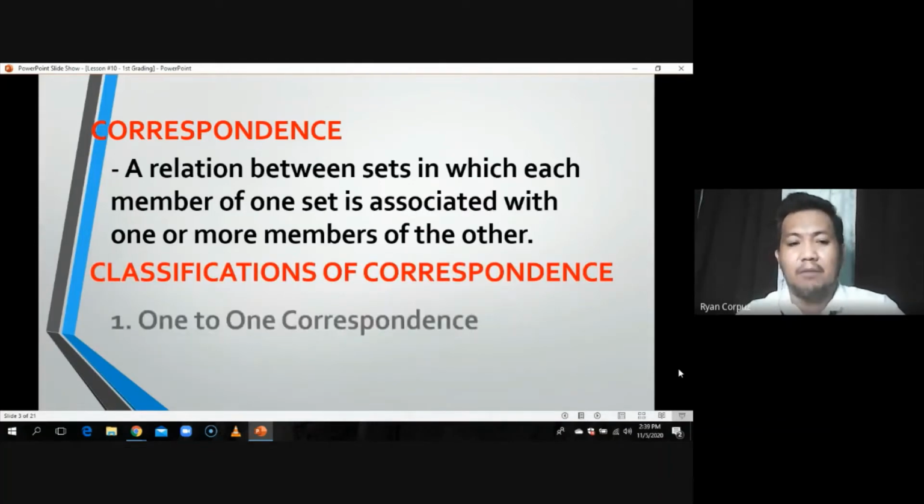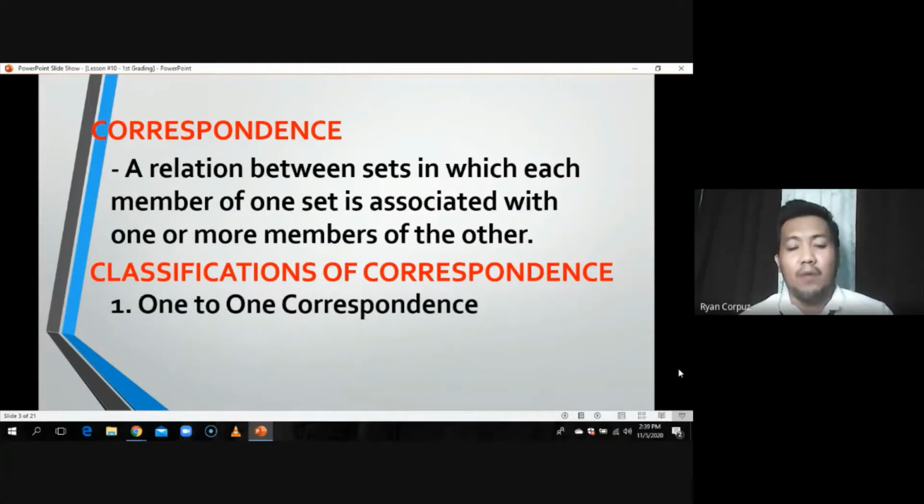Number one, we have the one-to-one correspondence. When we say one-to-one correspondence, it means that a unique element in the domain is paired to a unique element in the range. Kumbaga, meron kang element in the domain na isang kapartner lang sa element in the range. So we call that one-to-one correspondence.